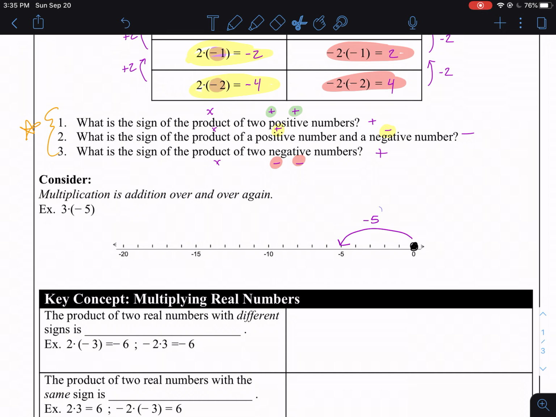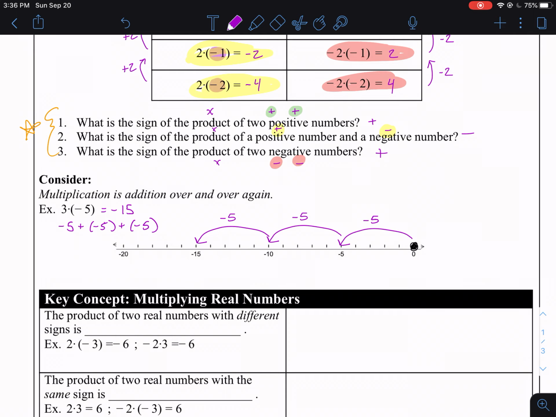And we're going to take that step 3 times. 1, 2, 3. Done. So 3 times negative 5 is negative 15. It's the same thing as saying negative 5 plus negative 5 plus negative 5. Cool, huh? That's a fun fact for you.